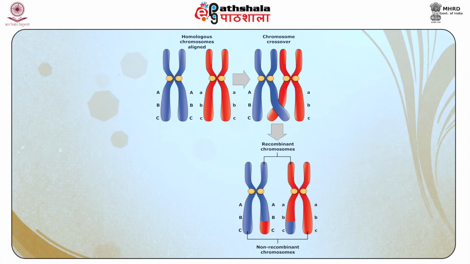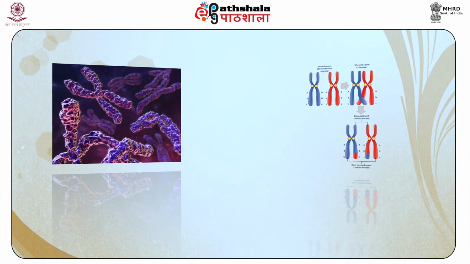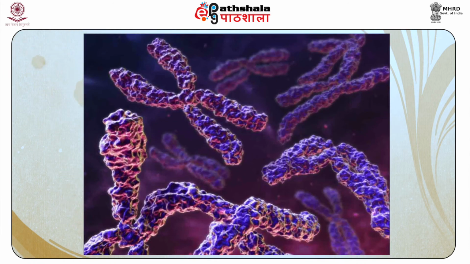Recombination can occur between any two genes on a chromosome. The amount of crossing over is a function of how close the genes are to each other on the chromosome. If two genes are far apart, for example at opposite ends of the chromosome, crossover and non-crossover events will occur in equal frequency.